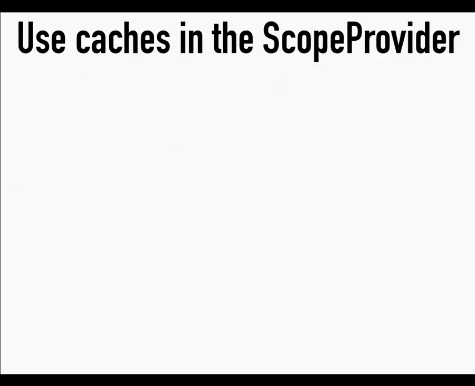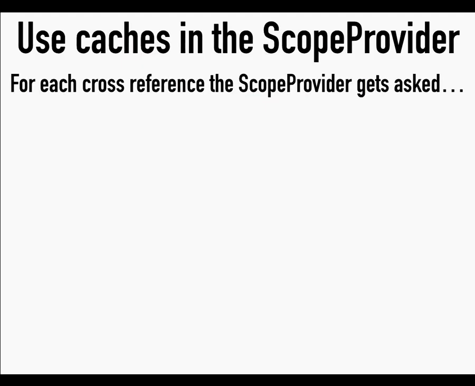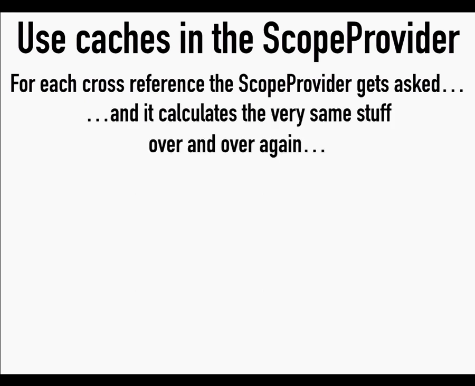Scope provider caches. Some of you might already have done that. The scope provider is triggered a lot of times. For each cross-reference, the scope provider is asked for a bunch of elements that are visible at a certain place. And it calculates that stuff over and over again, even when there's no change.